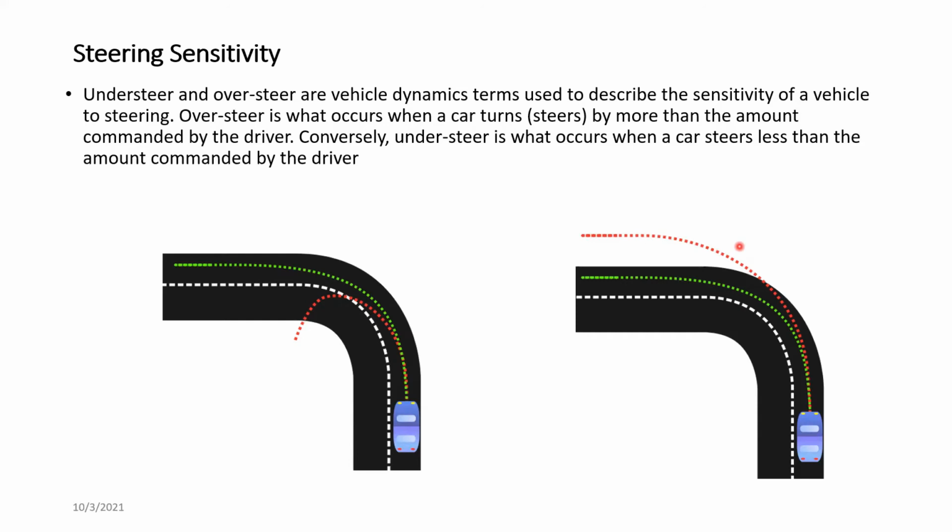This is known as oversteering. If it is turning less than that, it's called understeering. You might have heard this: the vehicle is understeering, now it's oversteering, and so on. If it is following the green path, the path it's supposed to follow, that's called neutral steering.